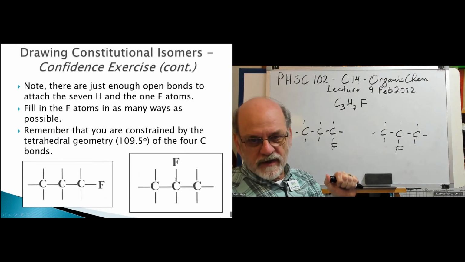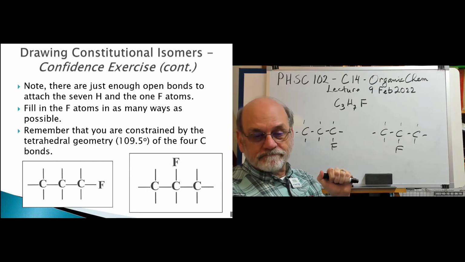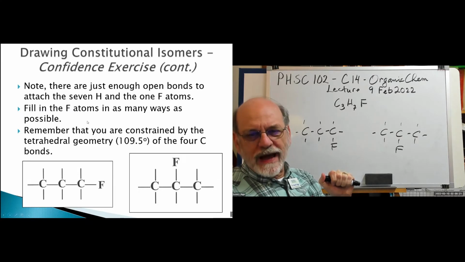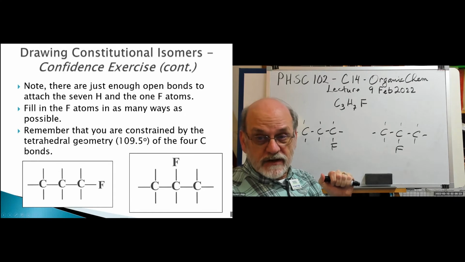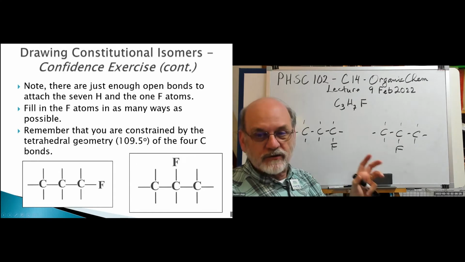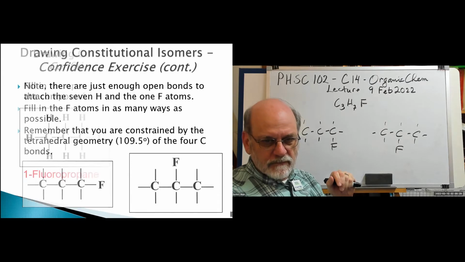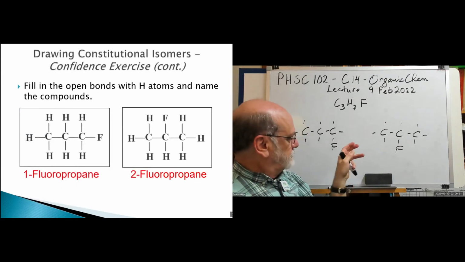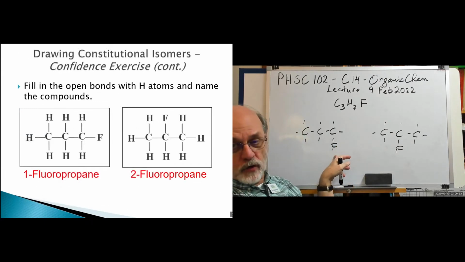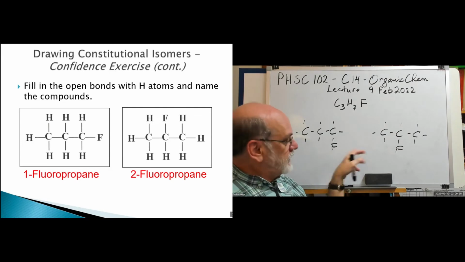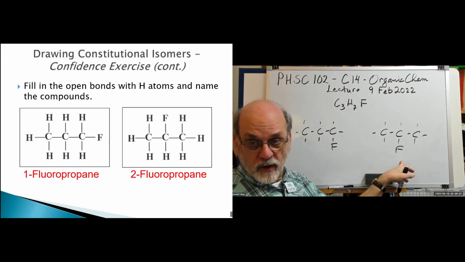One on the end, one in the middle. So this is just a reminder that these are still tetrahedral geometric structures. This would be 1-fluoropropane, and this would be 2-fluoropropane.